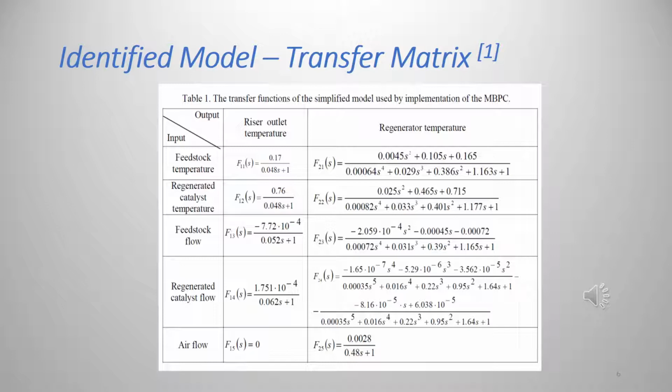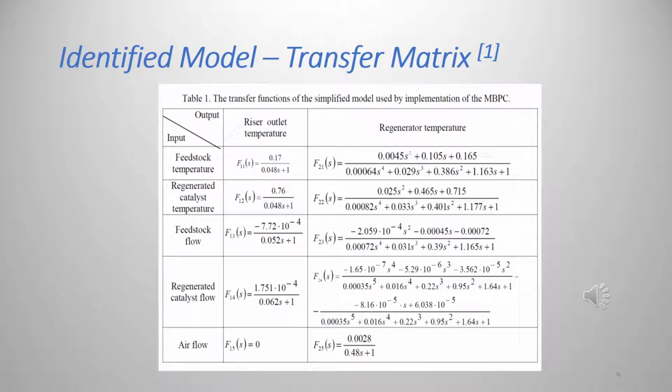As you see in this table, the mathematical relation between each input and each output is presented. There are 5 inputs: feedstock temperature, regenerated catalyst temperature, feedstock flow rate, regenerated catalyst flow rate, and also air flow rate to the regenerator.